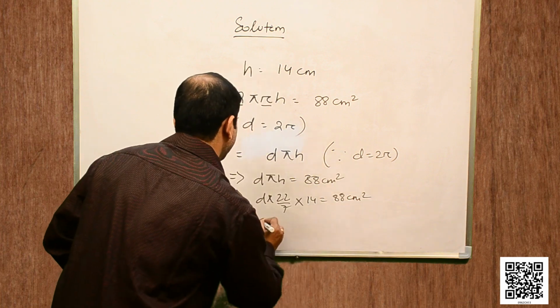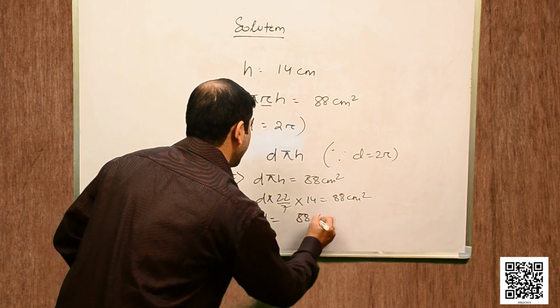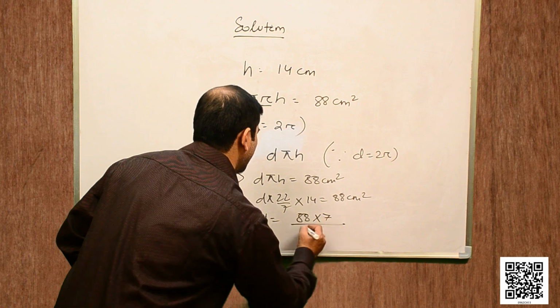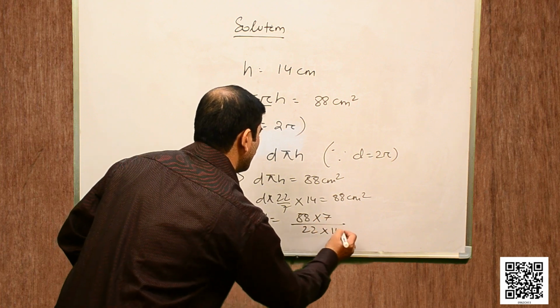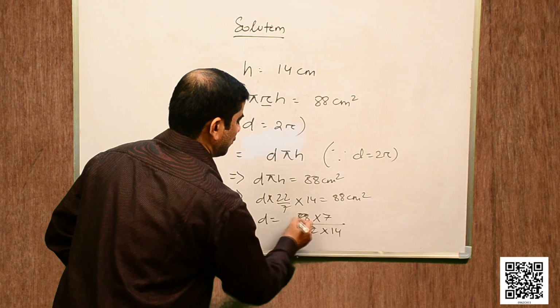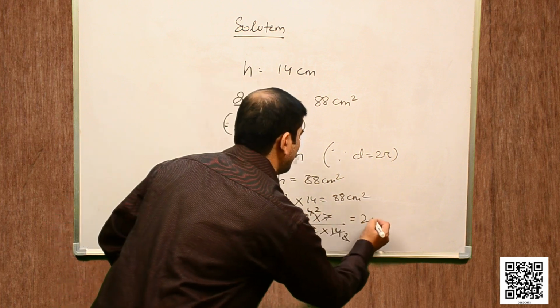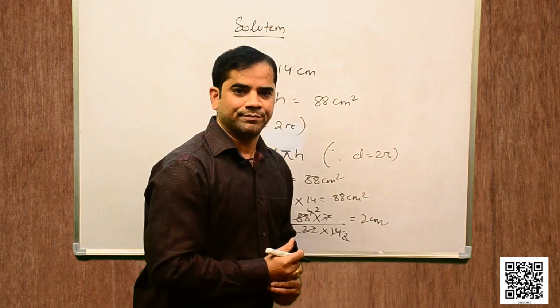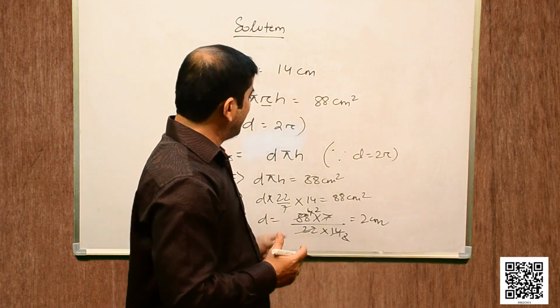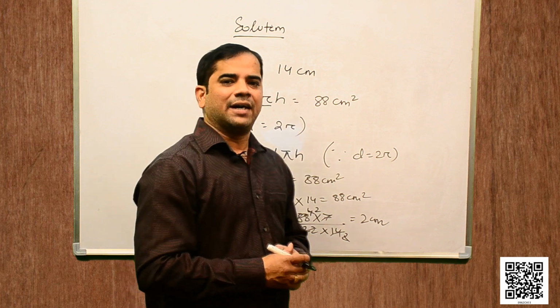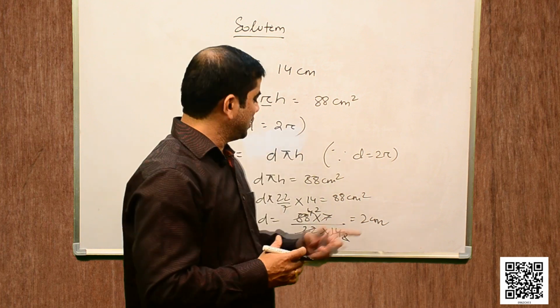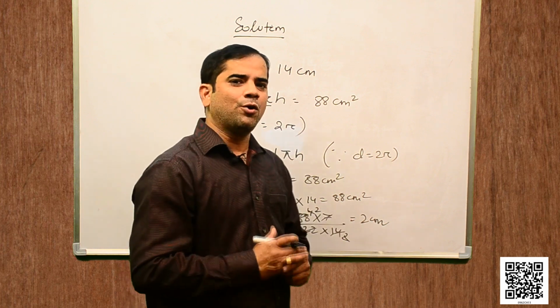It implies d is equal to 88 into 7 divided by 22 into 14. Cancelling, 22 4 times is 88, 7 2 times is 14, and 2 2 times is 4. So 2 centimeter. The diameter of the base of the cylinder is 2 centimeter. Hope you understand the solution.